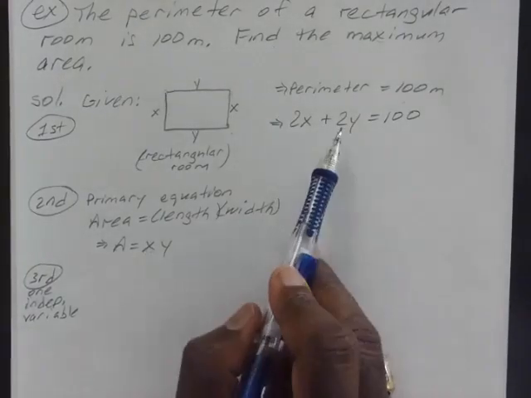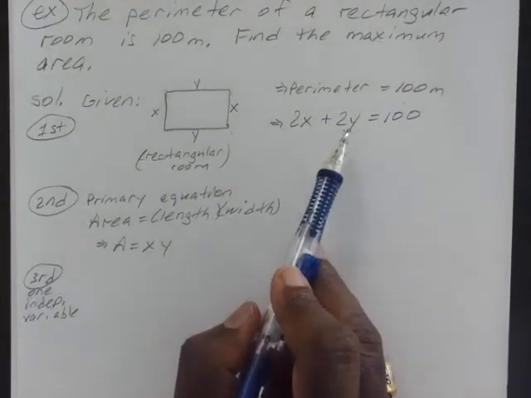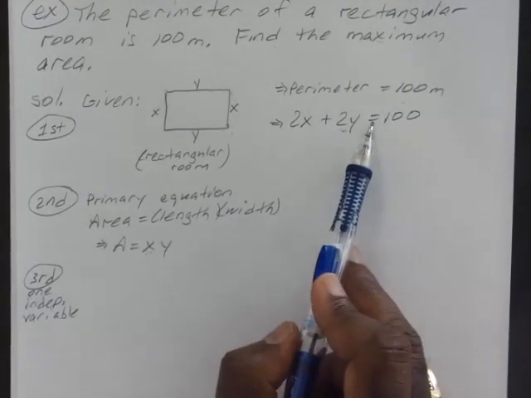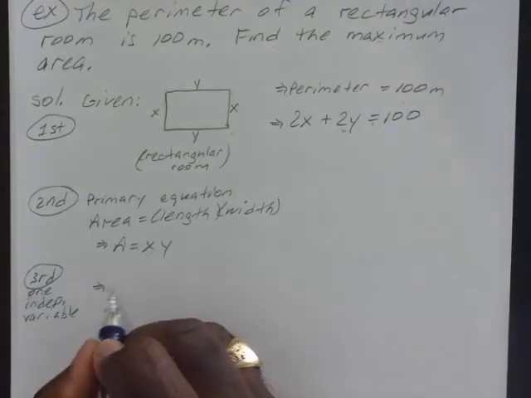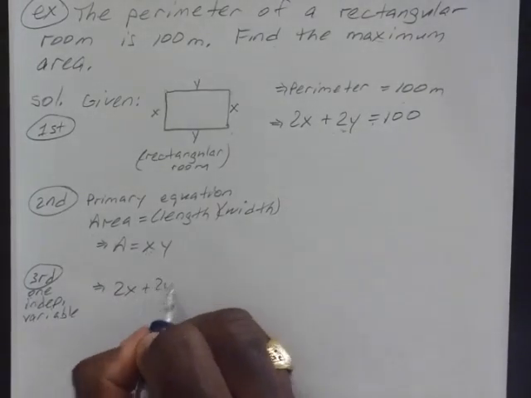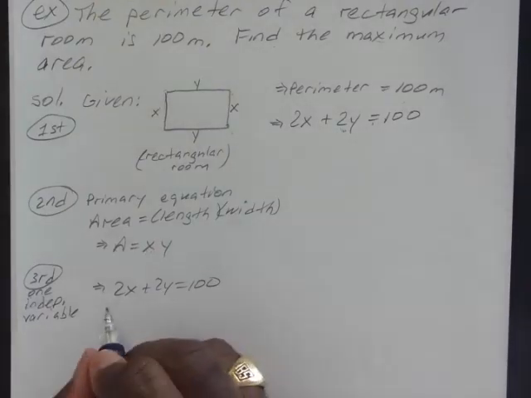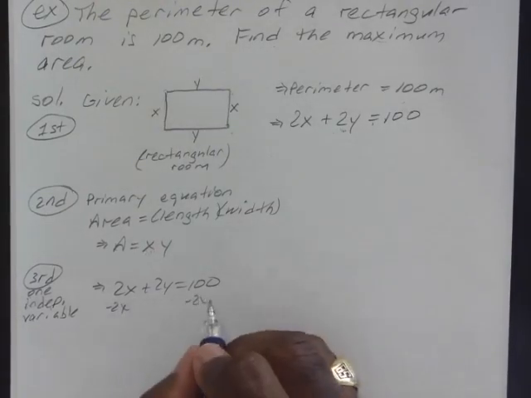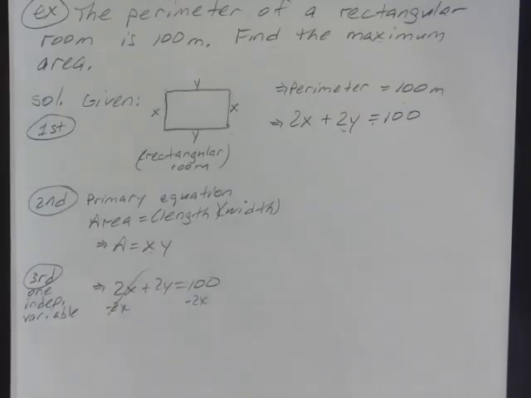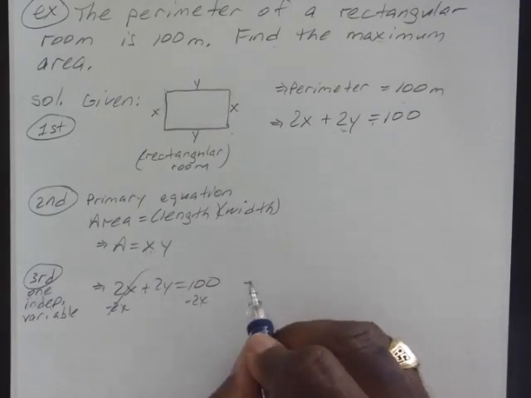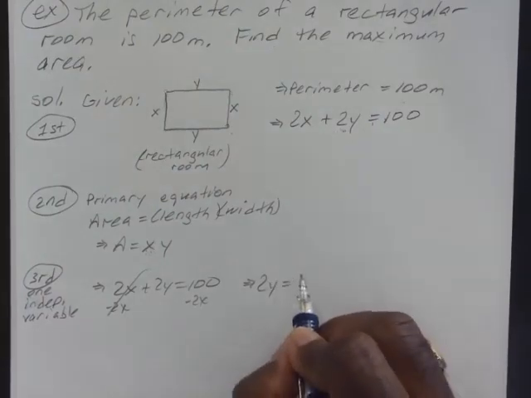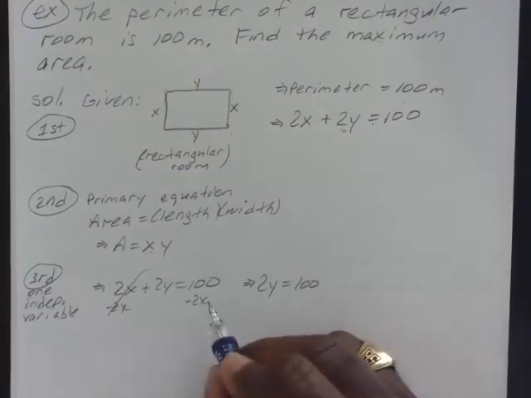Okay. So using our secondary, well, not really our secondary equation, but using this equation, we know that we have 2x plus 2y equals 100. So if we subtract 2x from both sides, that gives us 2y is equal to 100 minus 2x.